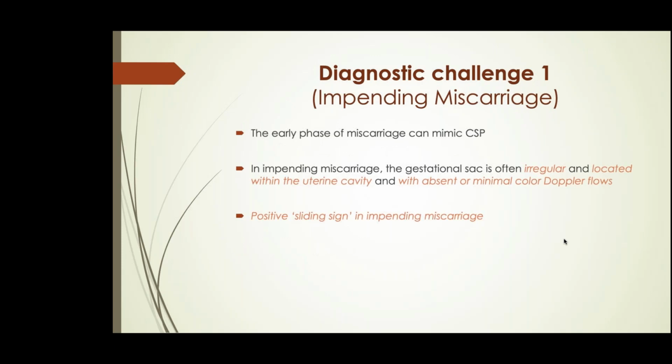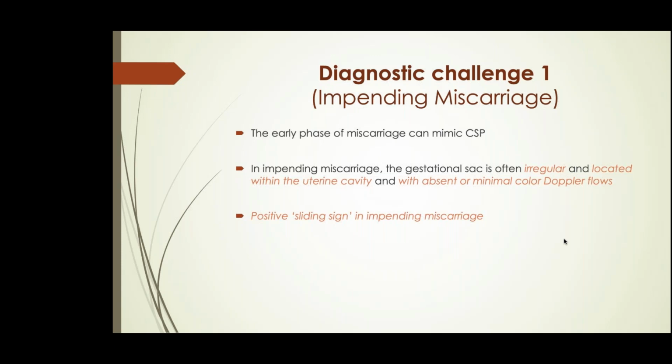So the first one is the impending miscarriage. The early phase of miscarriage can mimic cesarean section scar pregnancy. As I said, the sac is being expelled from the fundus to the outside. In impending miscarriage, the gestational sac is often irregular and located within the uterine cavity with absent or minimal color flow. These are very important.